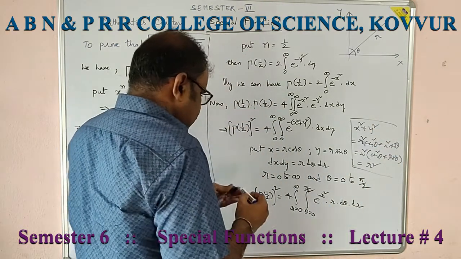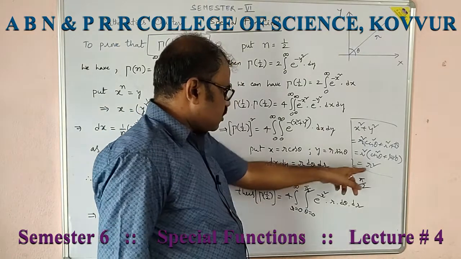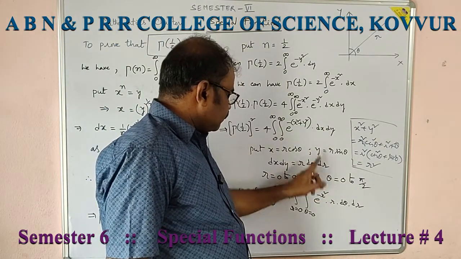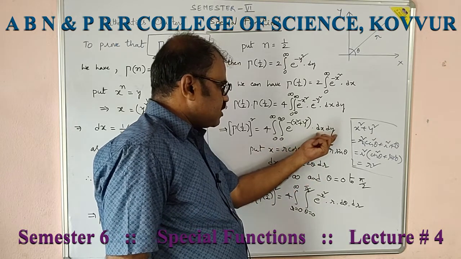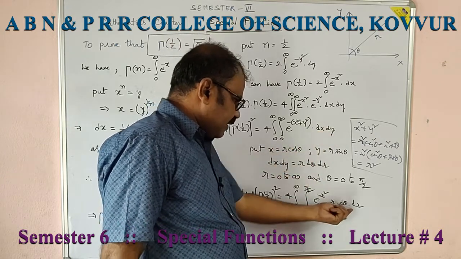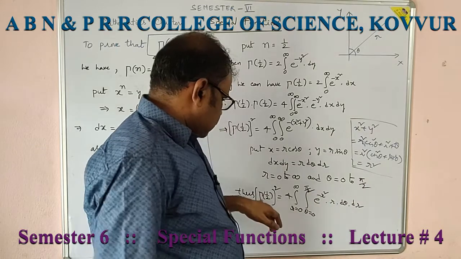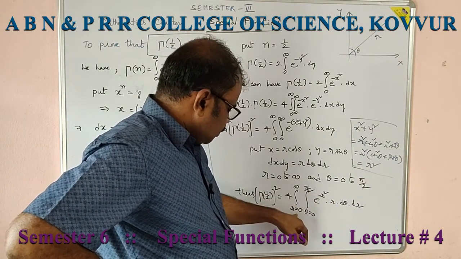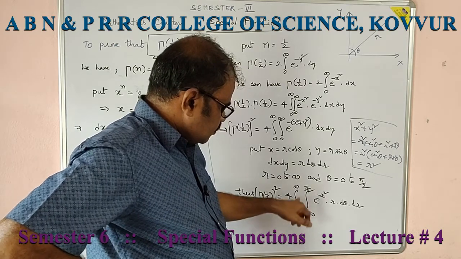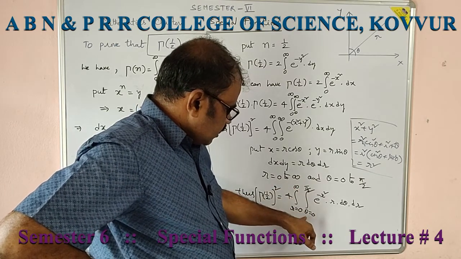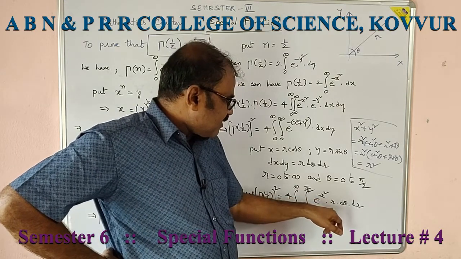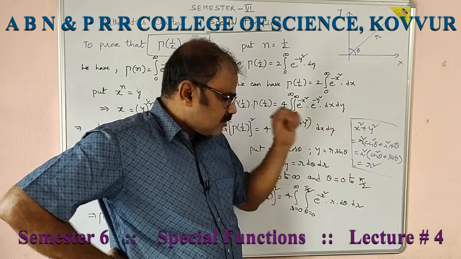Therefore, in place of x square plus y square we got r square, and in place of dx dy we have r d theta dr. So gamma half whole square is equal to 4 into integral r is 0 to infinity, integral theta is 0 to pi by 2, e to the power of minus r square r d theta dr.